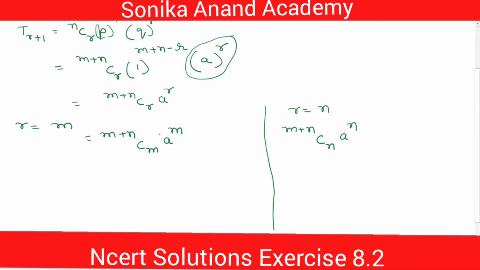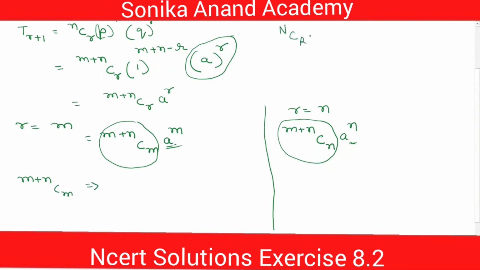Now we have to show that the coefficients of a^m and a^n are equal. That means the value of this and this is equal, because these are the coefficients, according to our question. So we have to solve for m+nCm. Now we have the formula, for example, nCr is factorial n over factorial r, factorial n minus r.